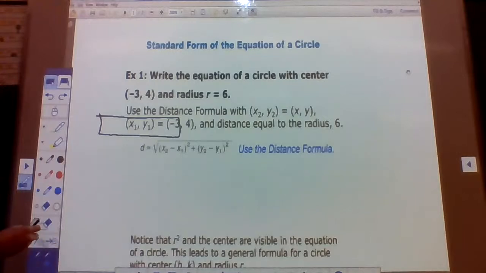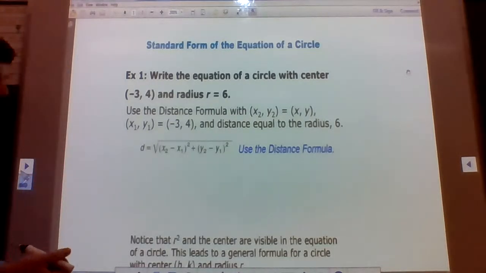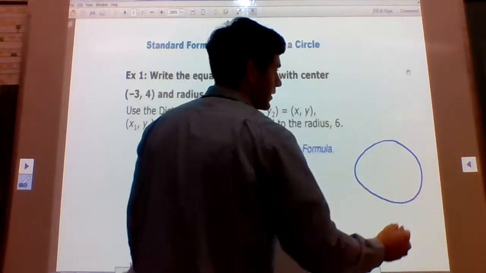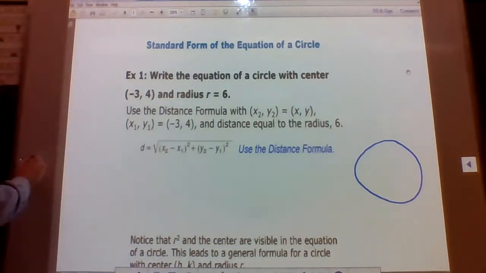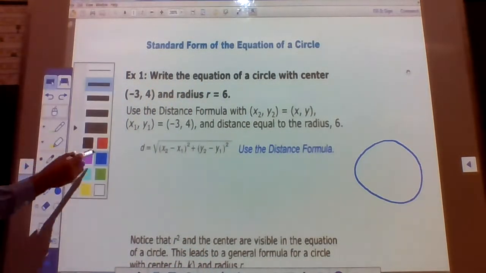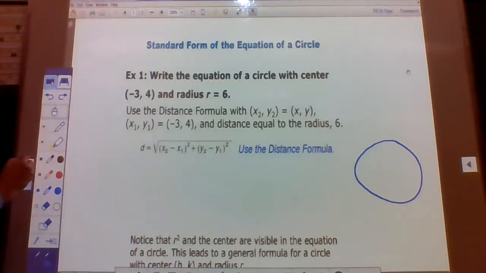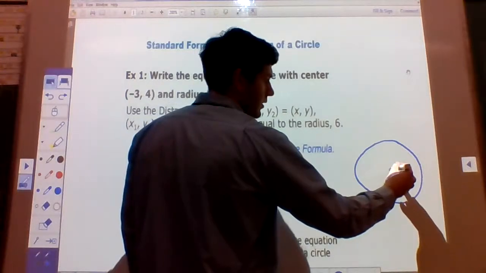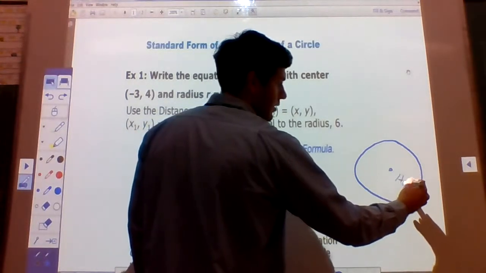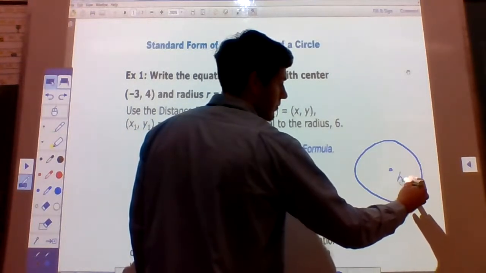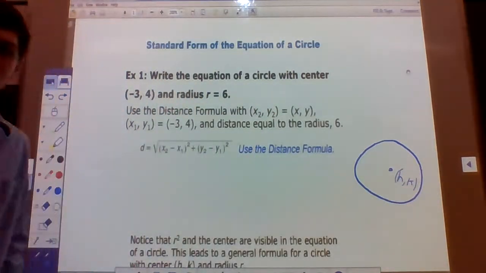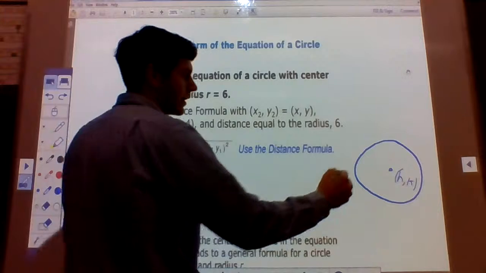Okay, the way we are coming up with that equation is we're using the distance formula. So if we have a circle, and the center of that circle is h comma k, because we're calling the center of our circle h, k, and then we pick any point on the circle and we call that point x, y.